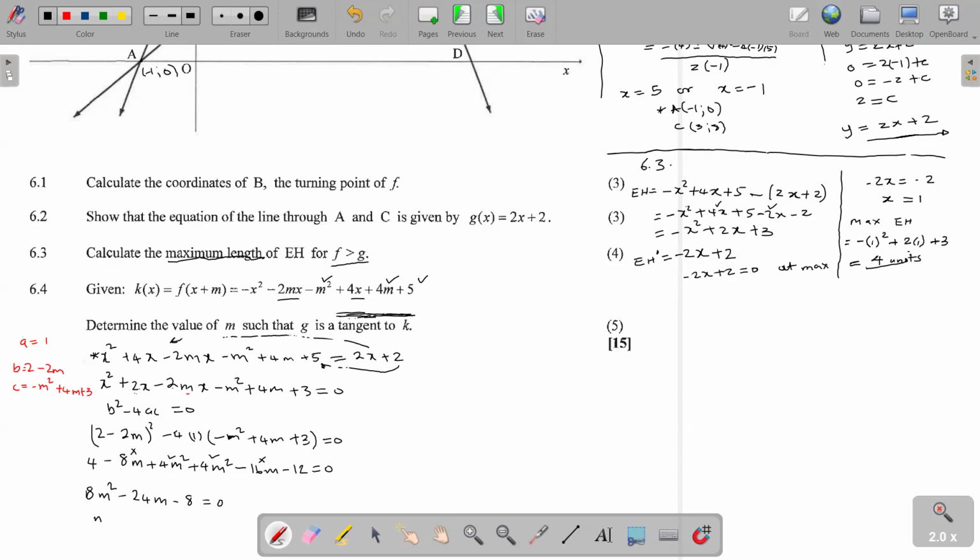So it means m squared minus 3m minus 1 is giving us a 0.